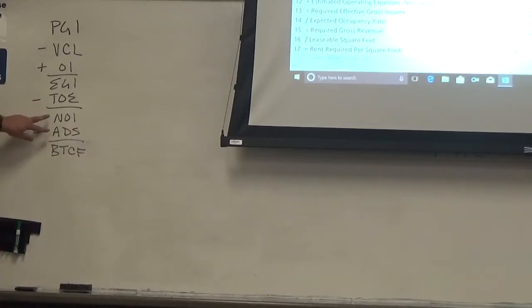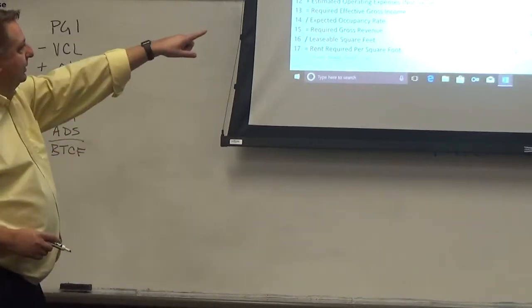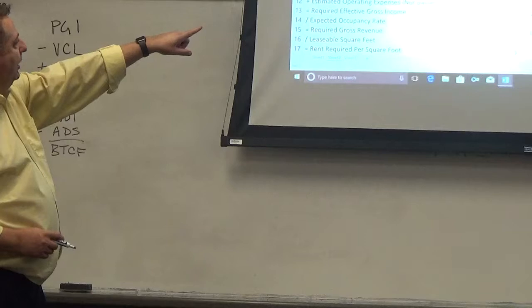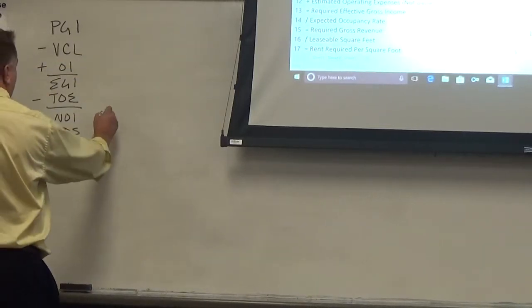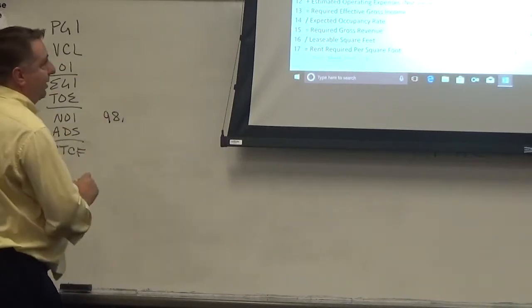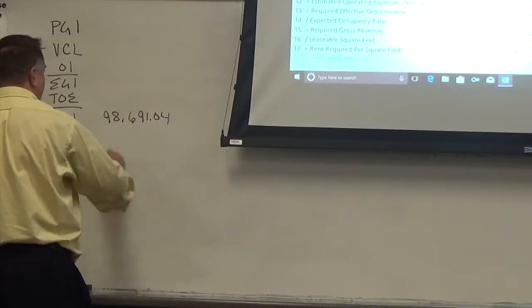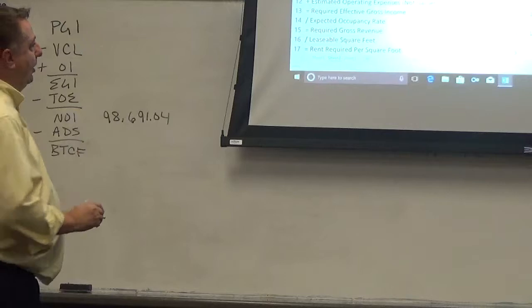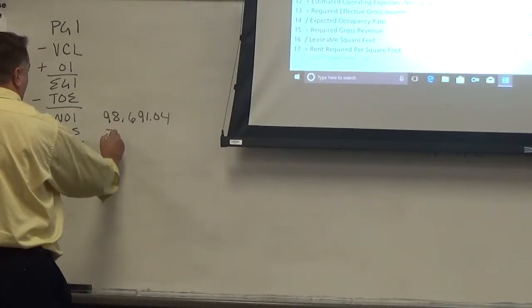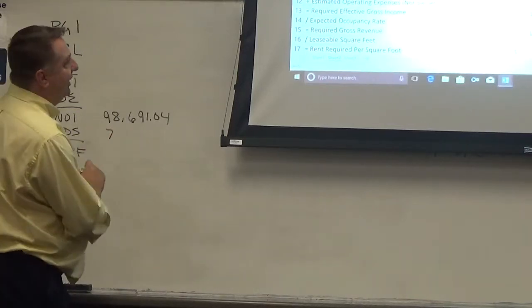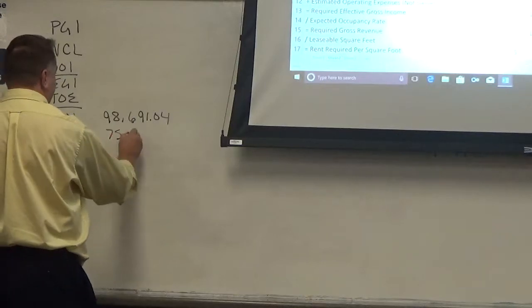Well, we have gotten to this point right here where we've got, in this case, our net operating income of $98,691.04, and we also have our debt service of $75,916.